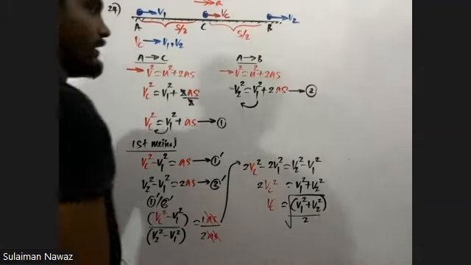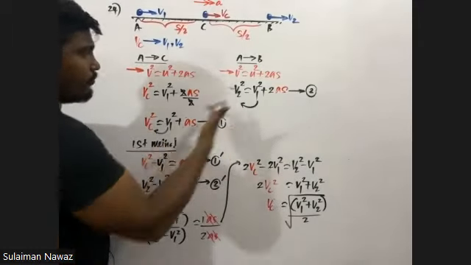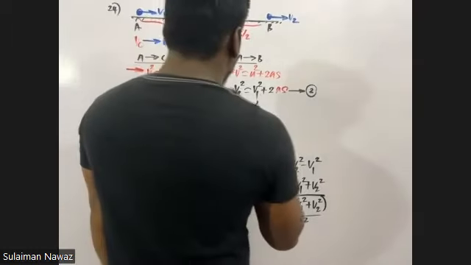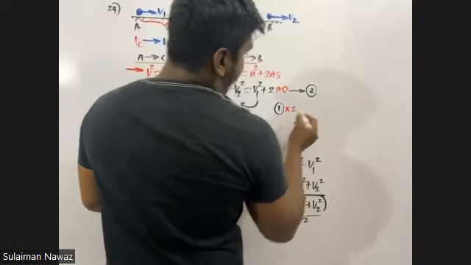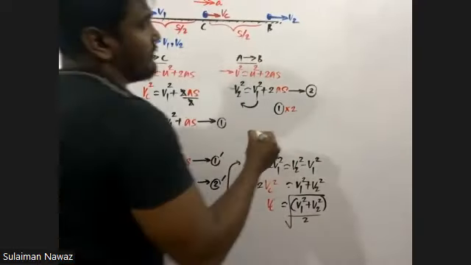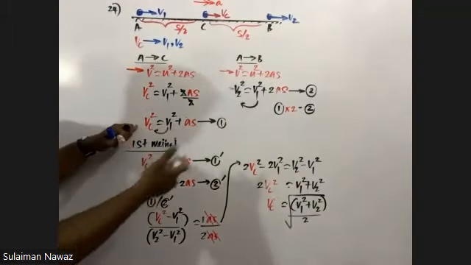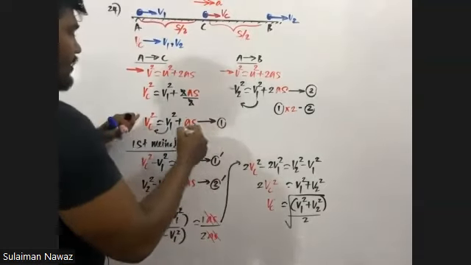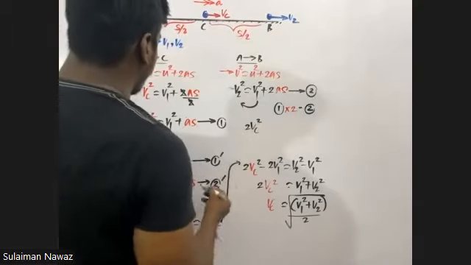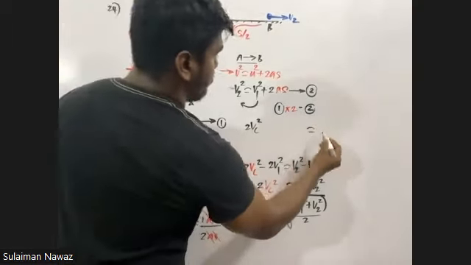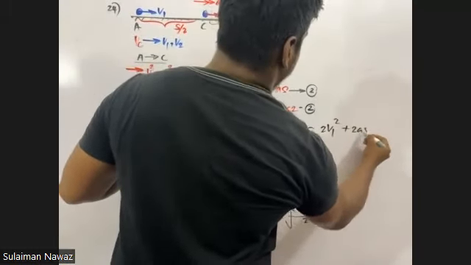Now there is another method as well. Rather than going with the division method, one can multiply equation 1 by 2 and subtract equation 2. If you multiply equation 1 by 2, here I am getting 2 VC squared equals 2 V1 squared plus 2AS.